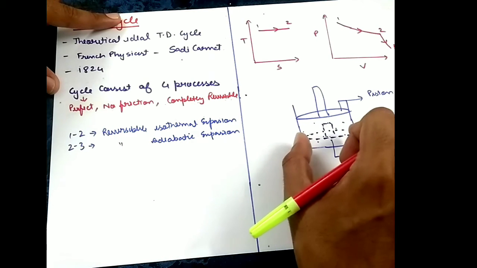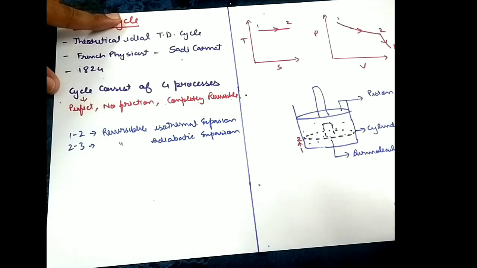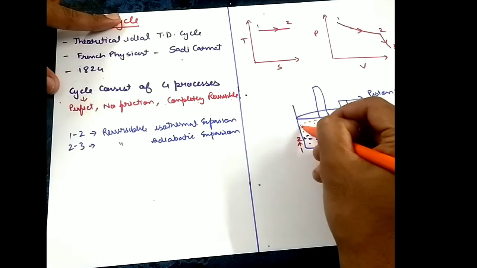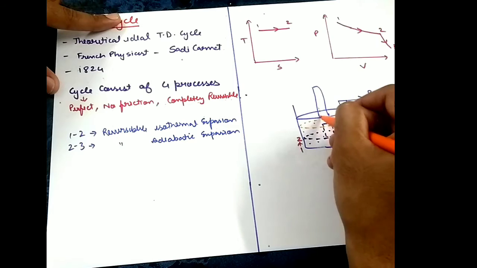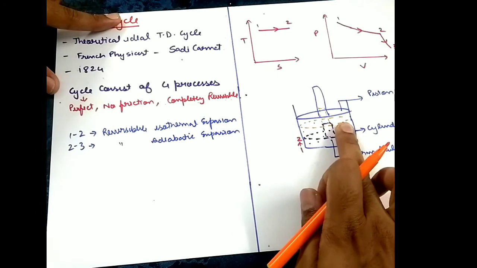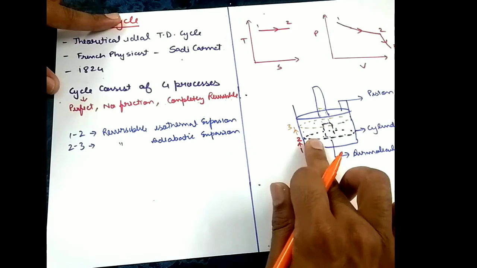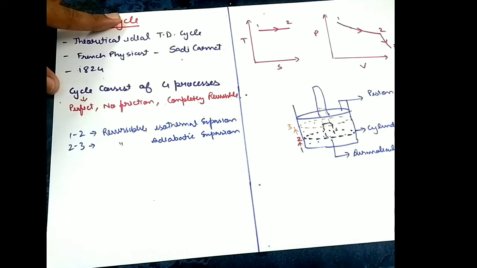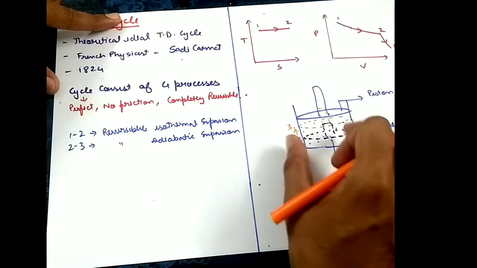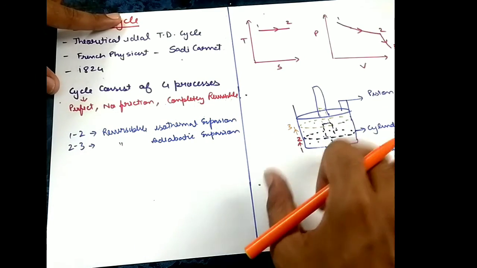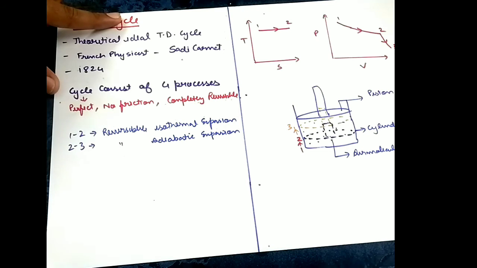I'll draw this with another color for better understanding. Now the piston, in orange, is here. From 2 to 3 there is an increase in volume, and the process is adiabatic, which means there is no heat loss in the cylinder.